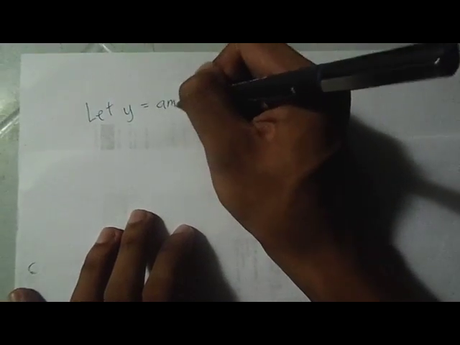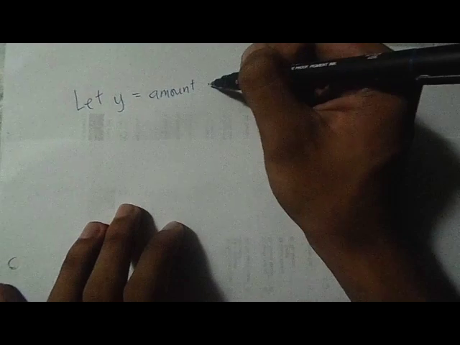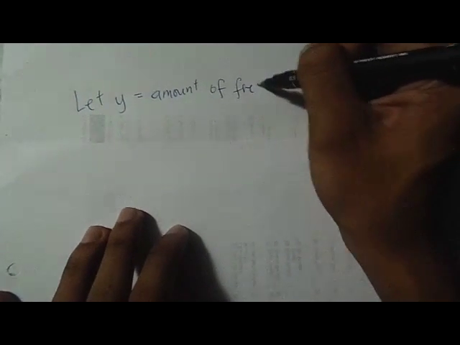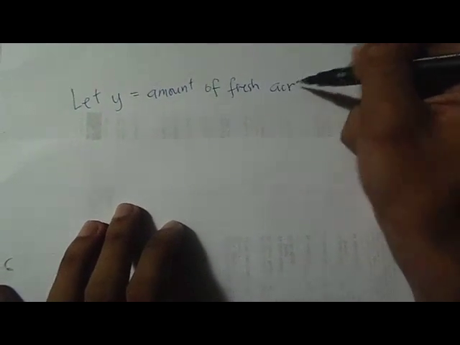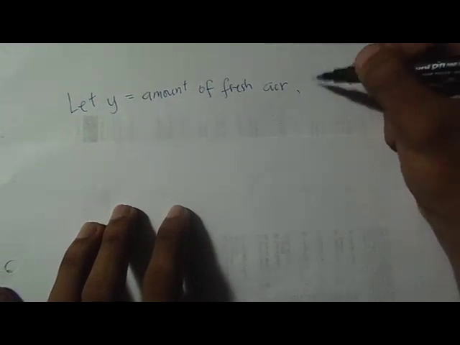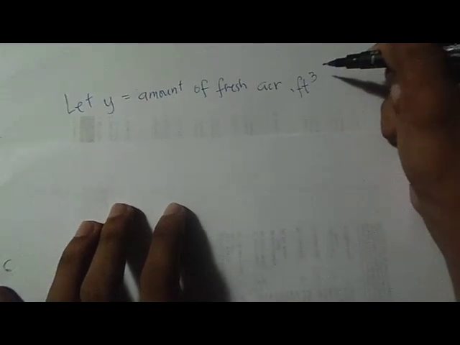So now from the problem, we need now to derive an equation about it. So first, we let y be the amount of fresh air. In this problem, these are measured in cubic feet.